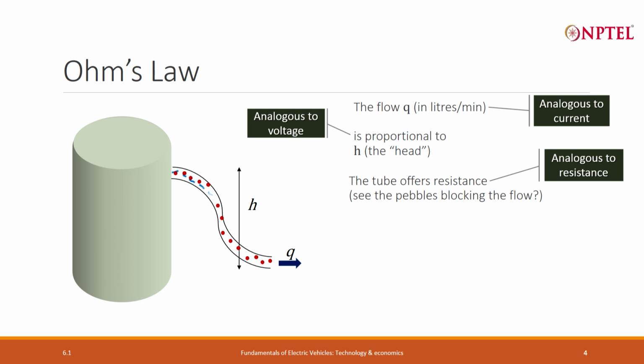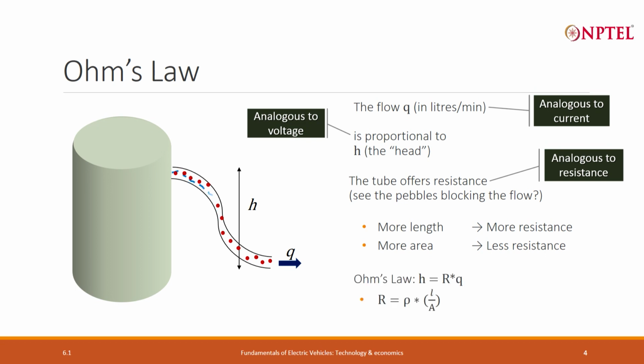These three quantities are related by a simple law that you are all already familiar with, Ohm's law, but I am just repeating it to refresh our memory, and also I will be applying the same law in many contexts where you may not be so familiar. Ohm's law says that the head is equal to the resistance multiplied by the flow, or voltage is equal to resistance multiplied by the current.